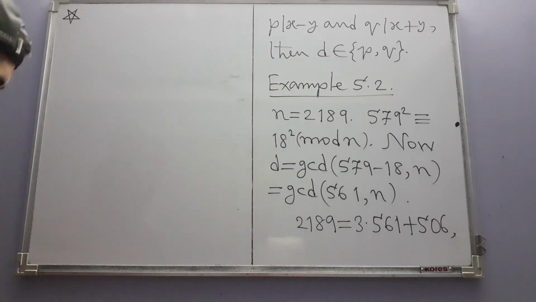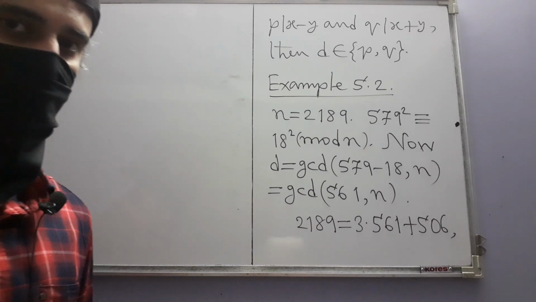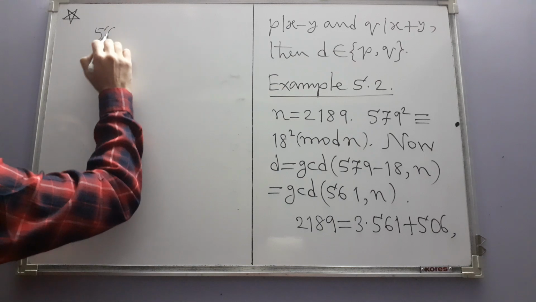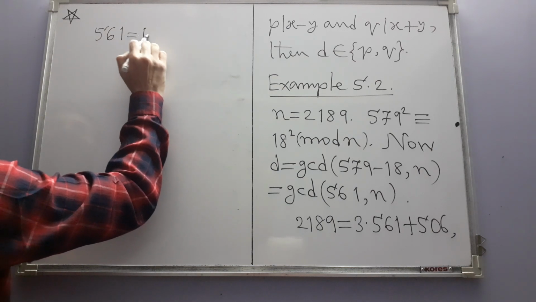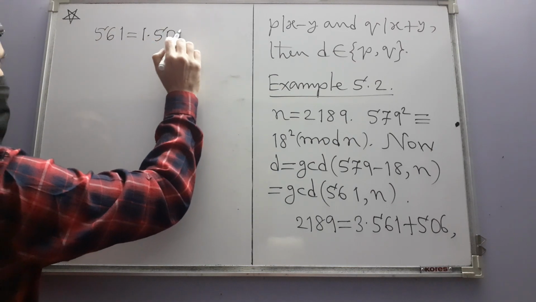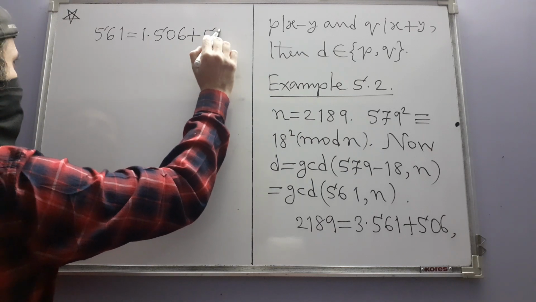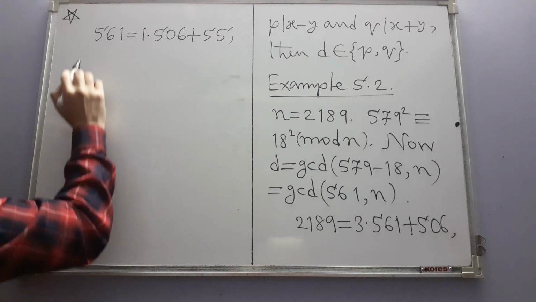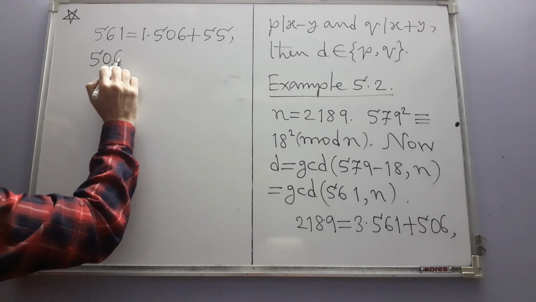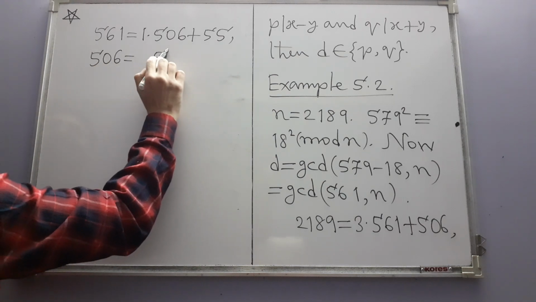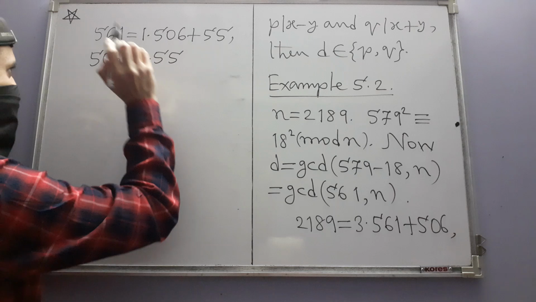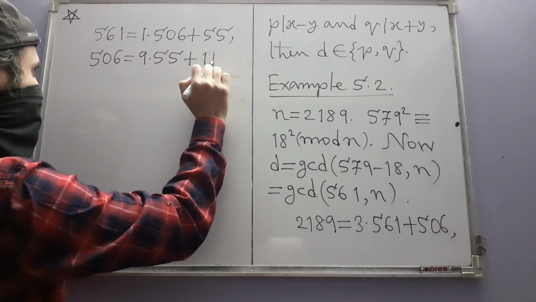So clearly you can see that the quotient is going to be 1 and the remainder is the difference. One times 506 plus the difference is 55. Then you divide 506 by 55 and the quotient turns out to be 9 and the remainder is 11.